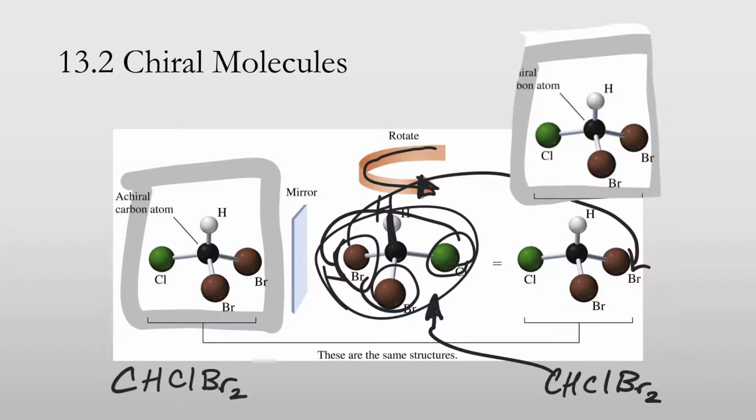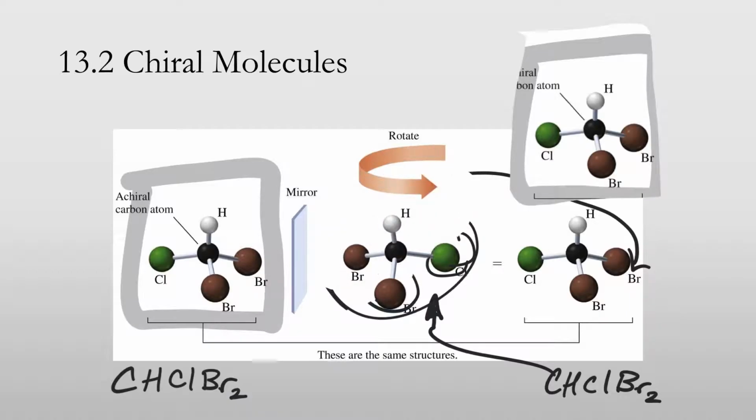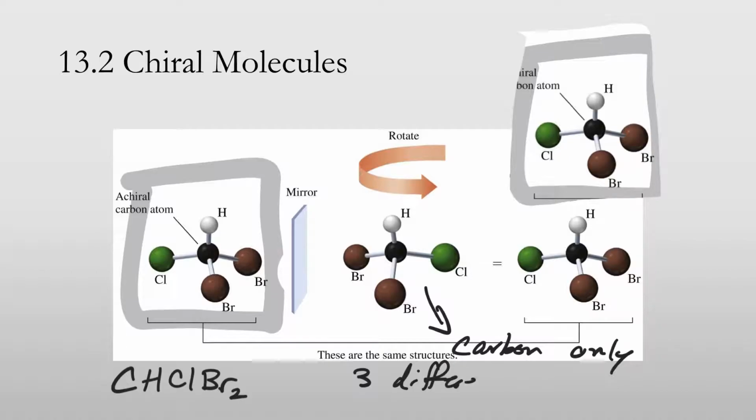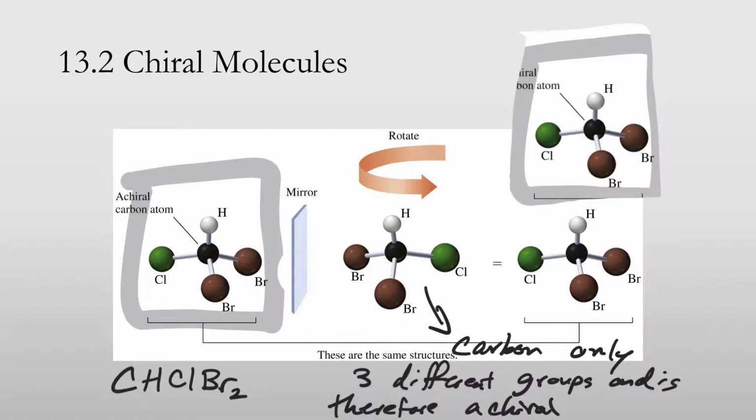So what we can glean from this is that this central molecule, the carbon, only has 3 different groups and is therefore achiral, or not chiral.